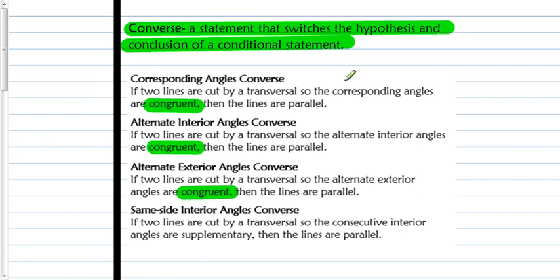The corresponding angles converse talks about corresponding angles. Alternate interior angles converse talks about alternate interior angles, and so on. Same side interior angles converse. If two lines are cut by a transversal so that the consecutive interior angles are supplementary, then the lines are parallel. Okay?